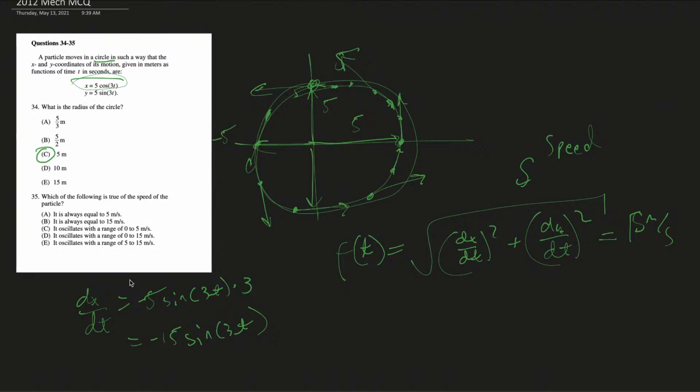Which would also mean the total speed also has to match the maximum speed in one direction. Because like at this point, you only have the maximum 15 meters per second. All of it has been transferred to x. And as you go down and down, like over here, you only have y velocity. So the answer to this is going to be B. So the answer to 34 is C and 35 is B.